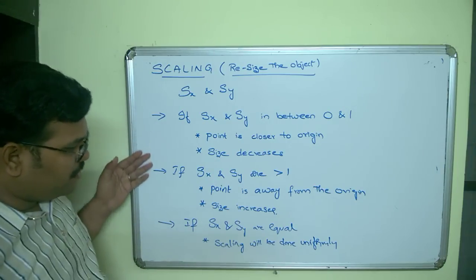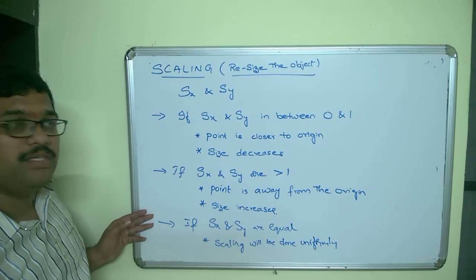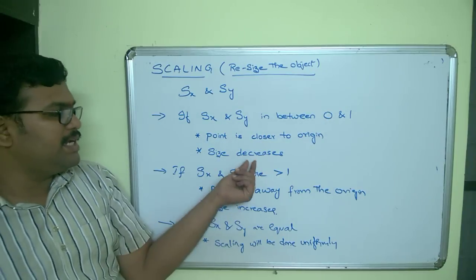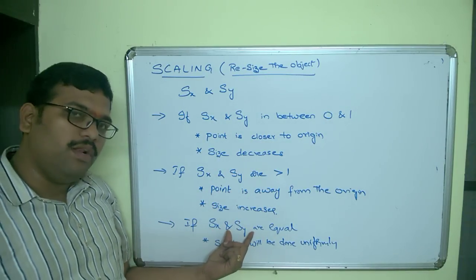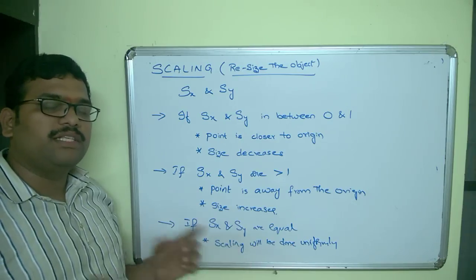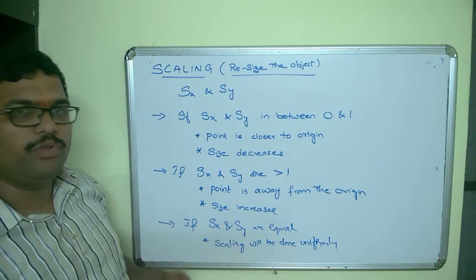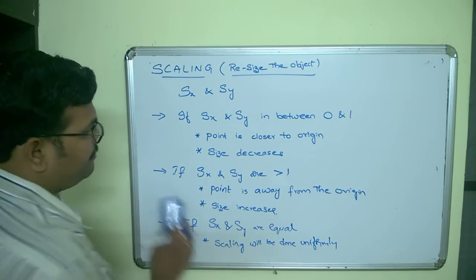So we have to remember these points. In between 0 and 1 the size decreases, greater than 1 the size increases. If both are equal, it may increase or decrease, but the scaling will be done uniformly in both x and y directions.